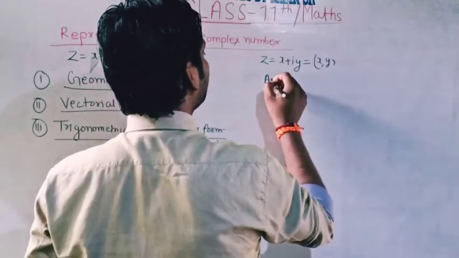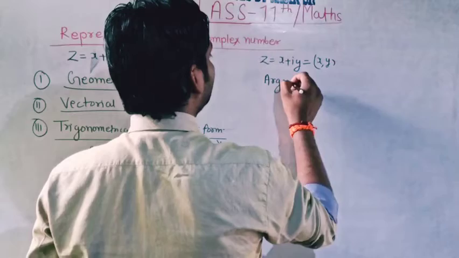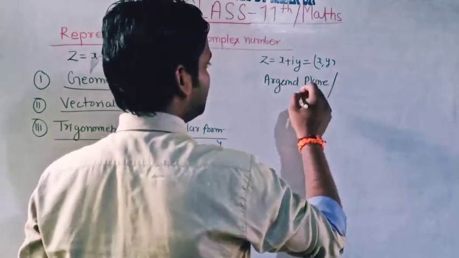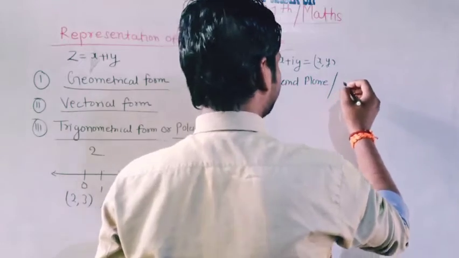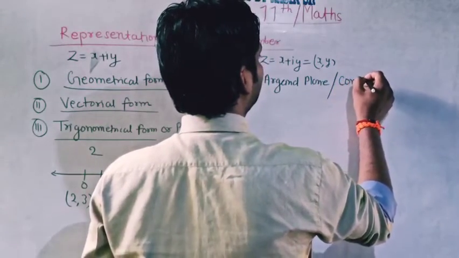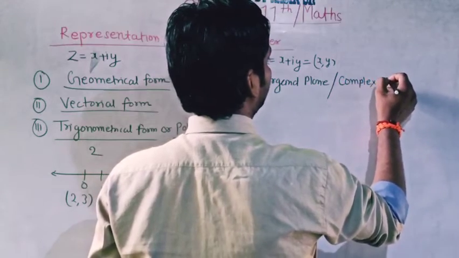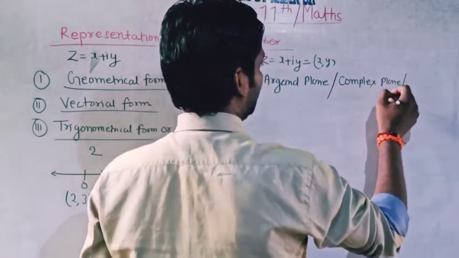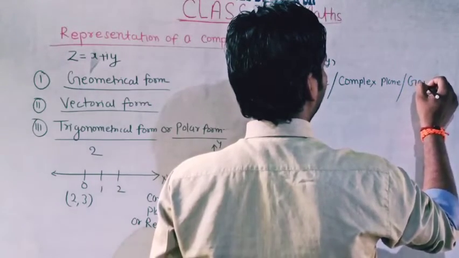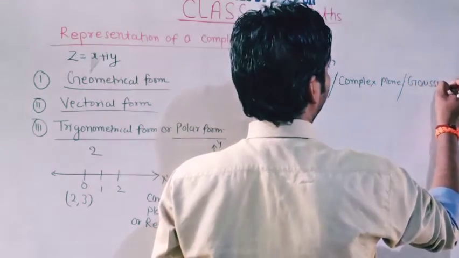This is the Argand plane, or it is called the complex plane. The complex plane is also called the Gaussian plane.